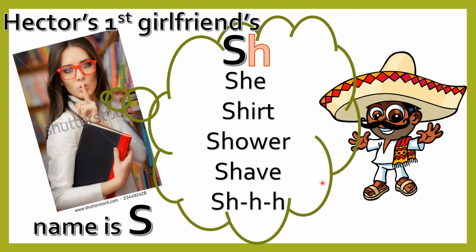Or worst of all, she says, leave me alone. This is the sound we make in English when we want to say silencio. Shh. I know in Spanish you say sh, sh, sh. But in English you say shh. Ah, very big problem.